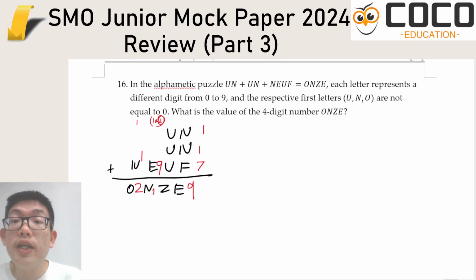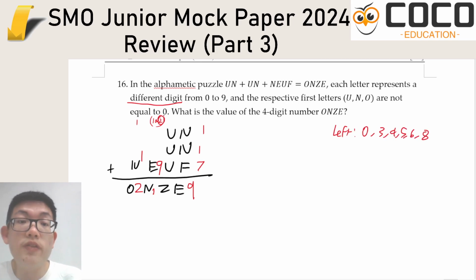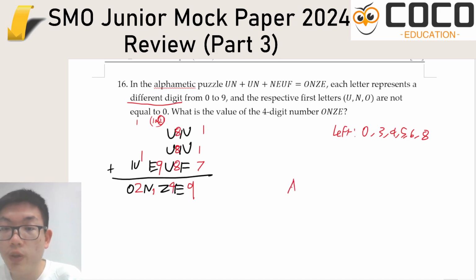This is the juncture where I remind you that digits cannot repeat, and so if you have used up 1, 2, 9, and 7, you're left with 0, 3, 4, 5, 6, and 8, where u plus u plus u gives a carryover of 2. So certainly this can only be possible if it's 8. 3 8s is 24. So your answer is 2149.